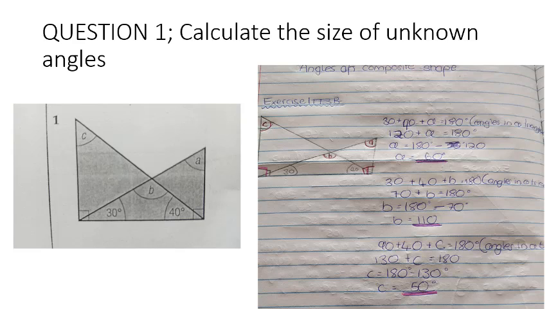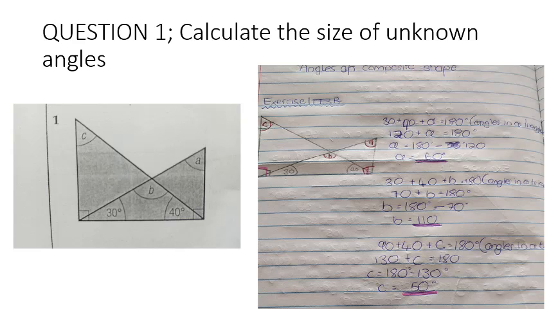So let us focus on the solution. We are going to start with A. Let us find the size of angle A. So we are saying 30 plus 90 plus A is equal to 180 degrees. Why? Angles in a triangle. Don't forget to state the reason. So for us to find the value of A, we are going to add 30 and 90.